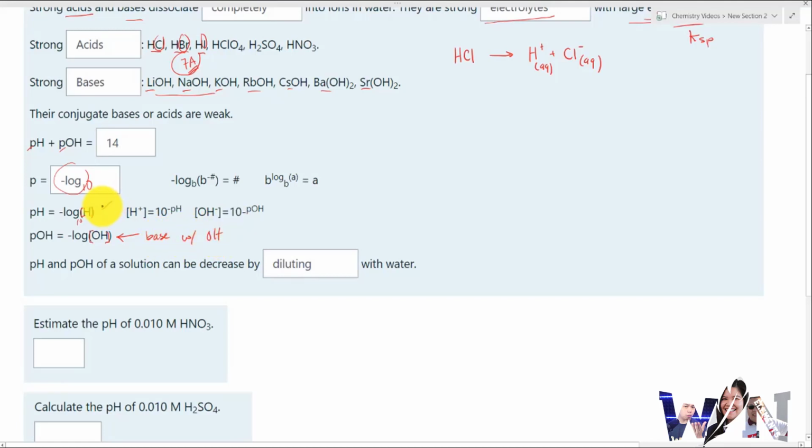And this one is for an acid, with H, okay? We can solve that mathematically using the chemical formula that's given to us. All the strong acids have the H right there, and all the strong bases have the OH. See that? If it doesn't have it, you cannot solve using pH and pOH directly, okay?